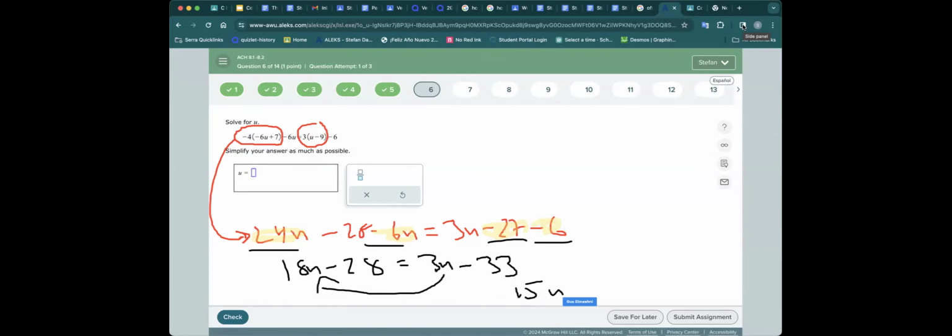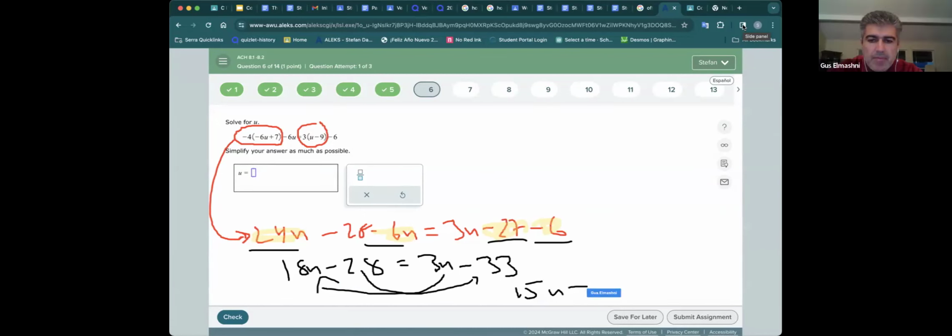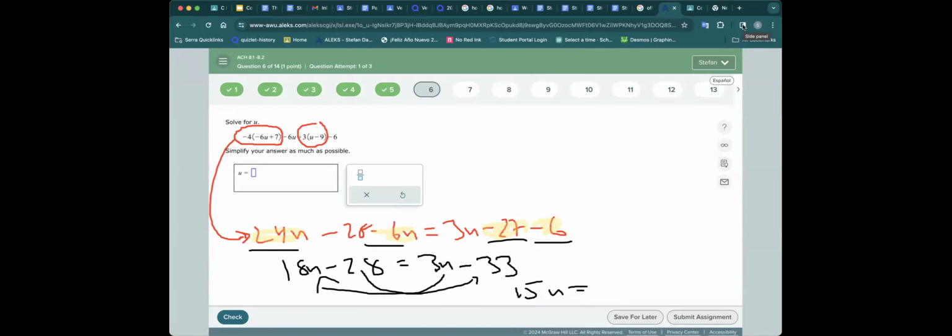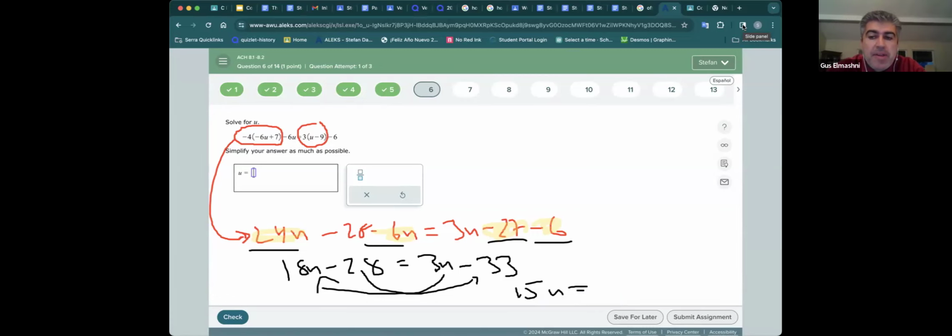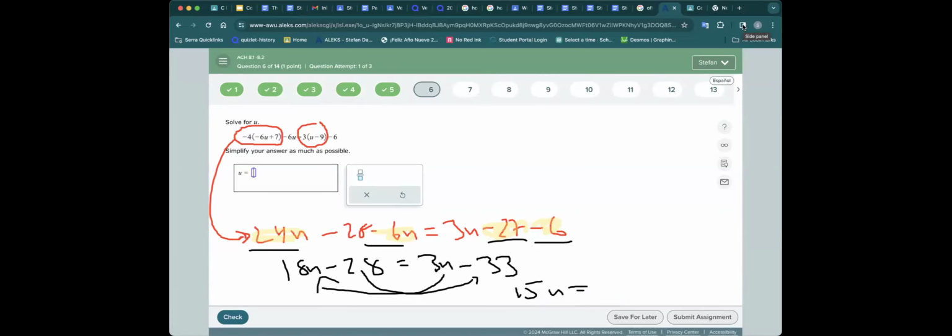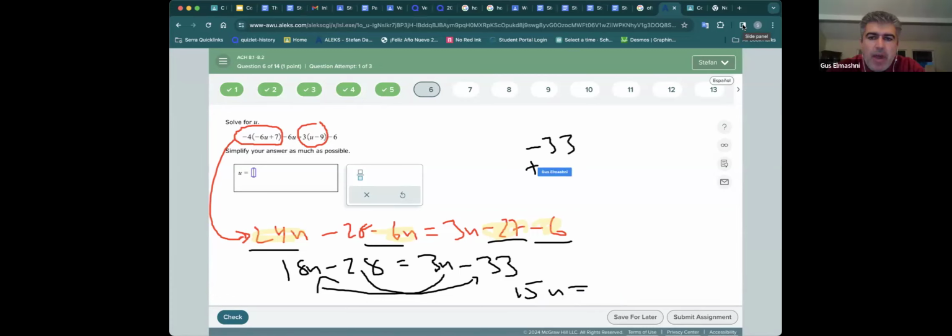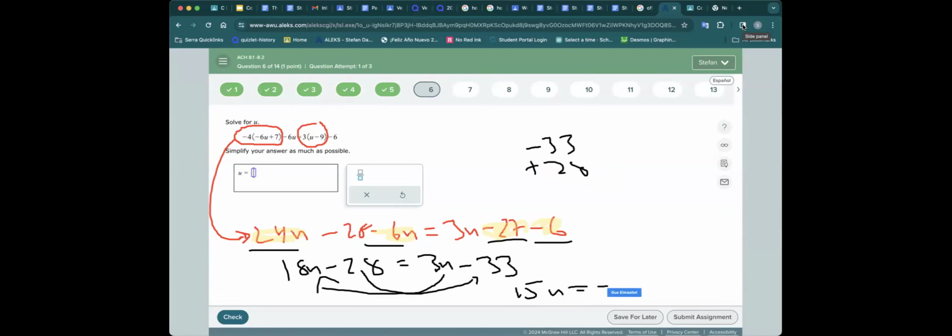And then you gotta move the negative 20 over to the other side, which is what? 28, 33. You're adding 28 to negative 33. That's negative 5. Right? Okay, then you're one step away.